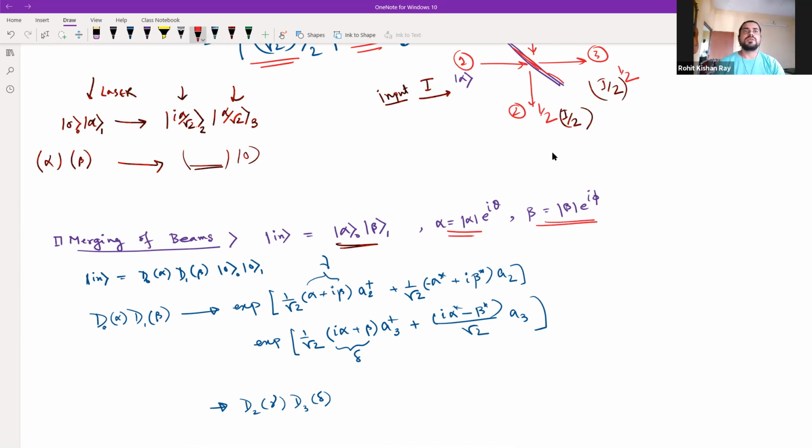The theta is the phase of alpha, phi is the phase of beta, and so on. So the input state can be written in this form: D(alpha) and D(beta), using the definition of the displacement operator, and this product can be written in this form. Check this.